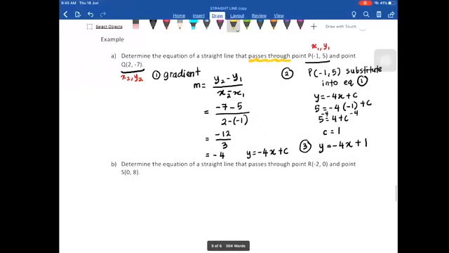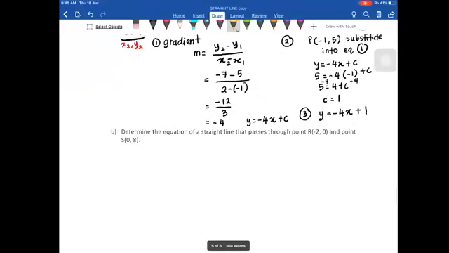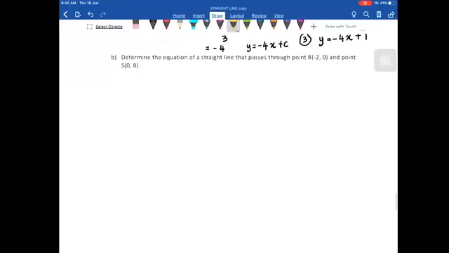So B is the same thing as in A. Cuma tukar point saja. So I have R -2, 0 and I have S 0, 8. So first thing is to find gradient. So M is equals to, so R will be my x1, y1.